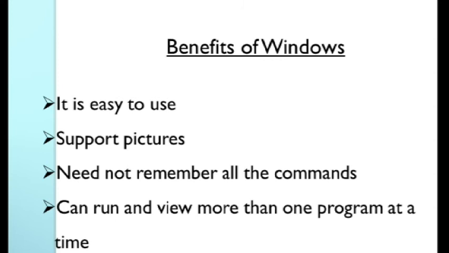No need to learn by heart any commands to open a particular program. So it is easy to use, it is user friendly, and it supports pictures. All the programs or folders are represented using pictures. By clicking these pictures, we can open folders and programs. So we need not remember all the commands.